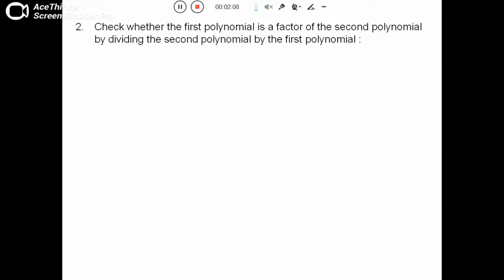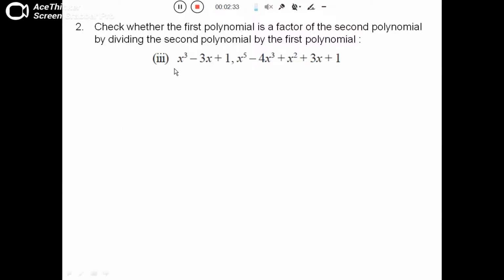You have to divide the second number by the first number. If the remainder is 0, then the first number is a factor of the second number. If the remainder is not 0, this proves that the first number is not a factor of the second one. We have to follow the same here.